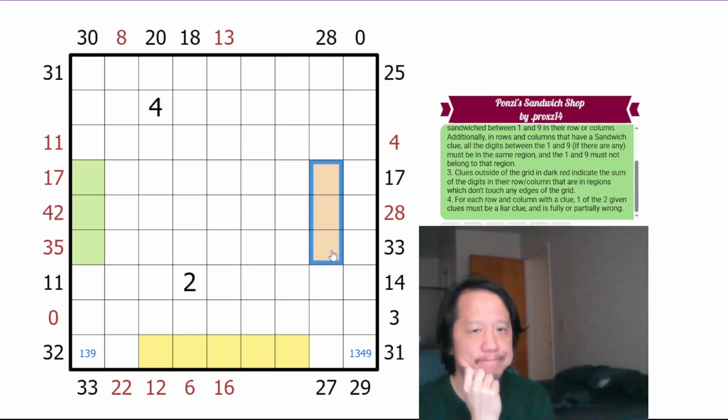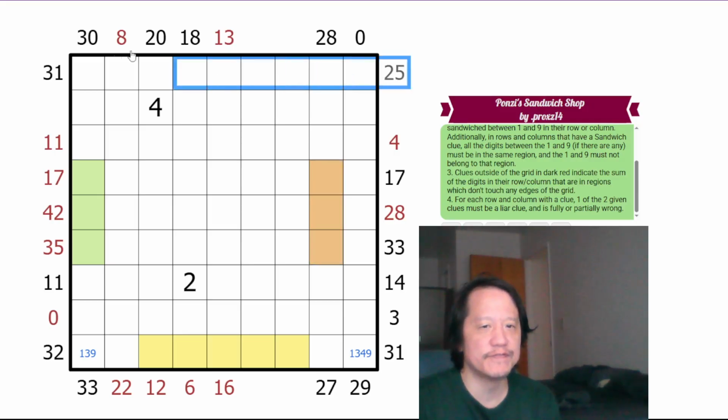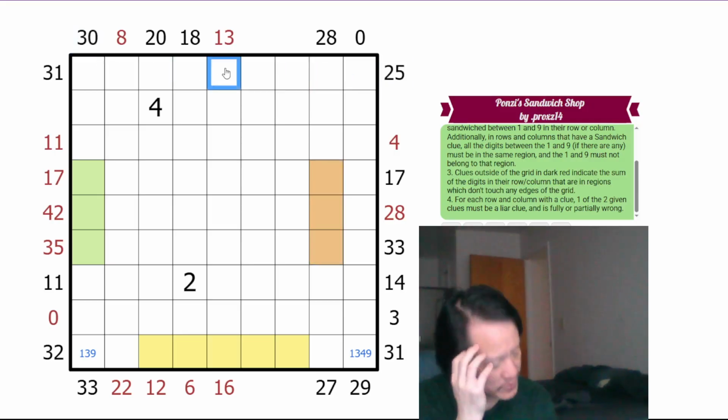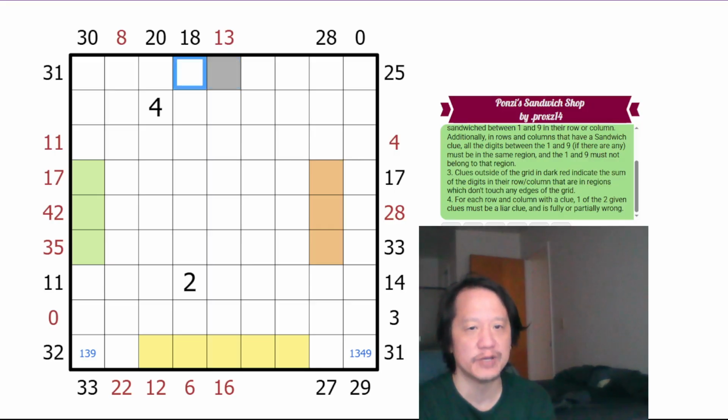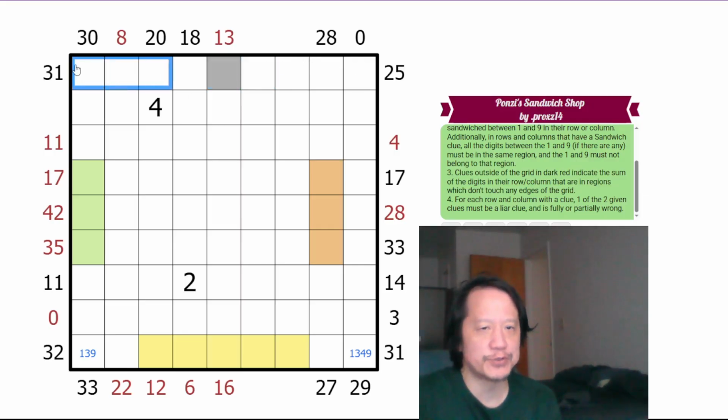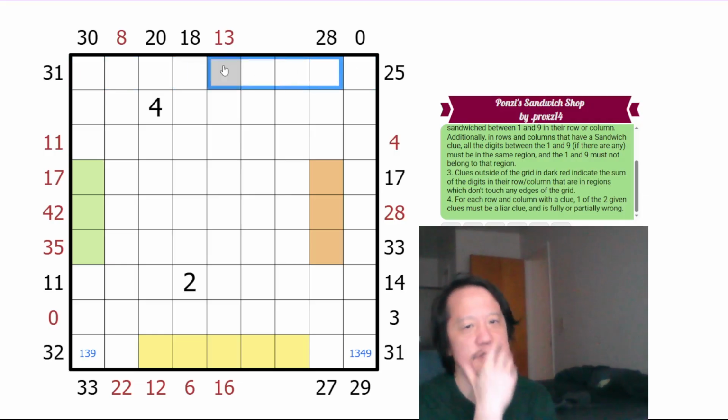So here is tricky with the 25 because we only have one digit here where we know it's part of the same region, which cannot be 1 or 9. Right, because we could have 2, 3, 5 here, and then a 1 or 9, and then 1 or 9 here, and then the remaining digits would have to be in between. That's potentially possible.